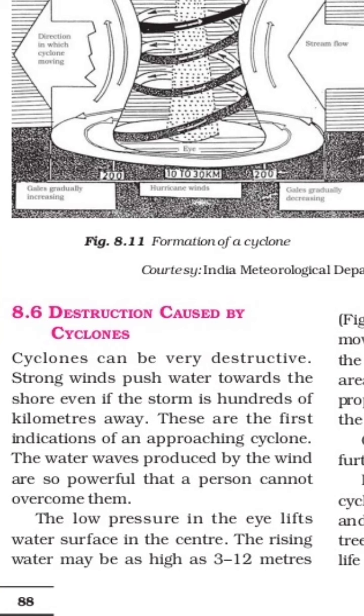These are the first indication of an approaching cyclone. When in the coastal areas the heavy wind speed occurs and pushes the water towards the shore, that is an indication of an approaching cyclone. The water waves produced by the wind are so powerful that a person cannot overcome them.